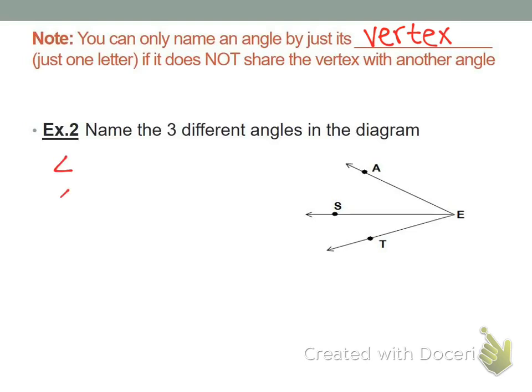Anybody come up with one? Kara? AES. AES would be one of my angles, the smaller one on top. Ariana? AET, that is the whole big angle. My last one. Brianna? SET, good. So we have two smaller angles and then the larger angle that contains both of them. We could have named any of these going the other direction. So you could have called it SEA, TEA, TES, but those would have still referred to the same three angles.